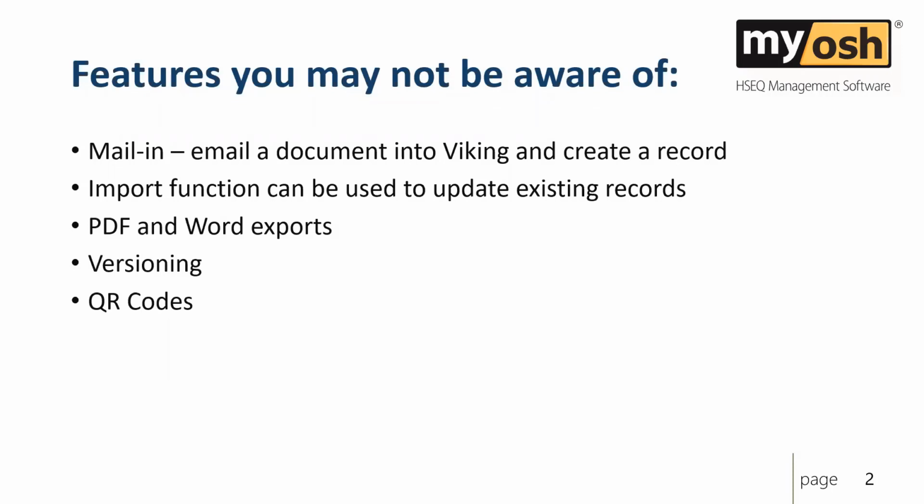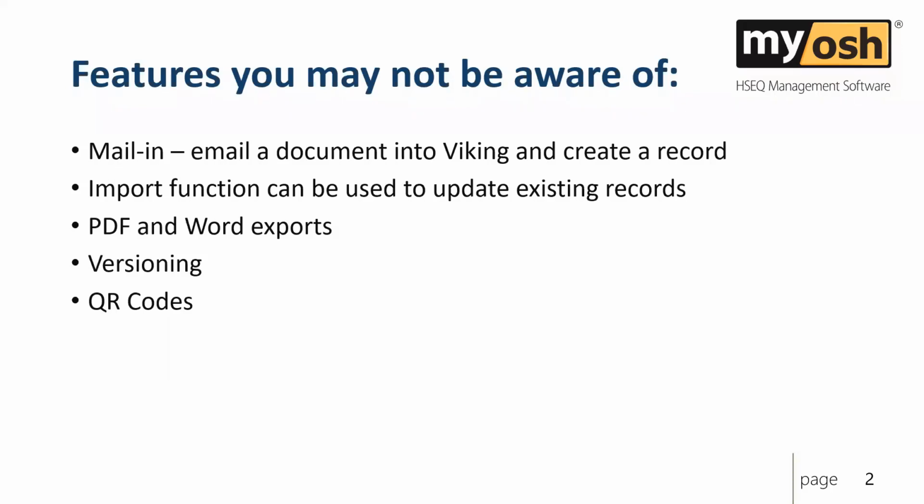There's versioning, which I think is a heavily underutilized feature for creating multiple versions and switching between them. And one that people could be using quite significantly is QR codes, to create documents or access existing documents by simply scanning a code using your phone and the mobile app.